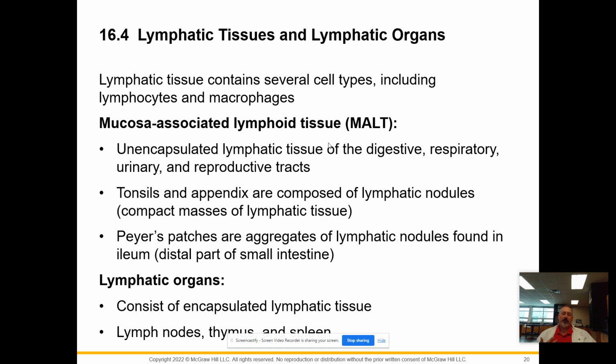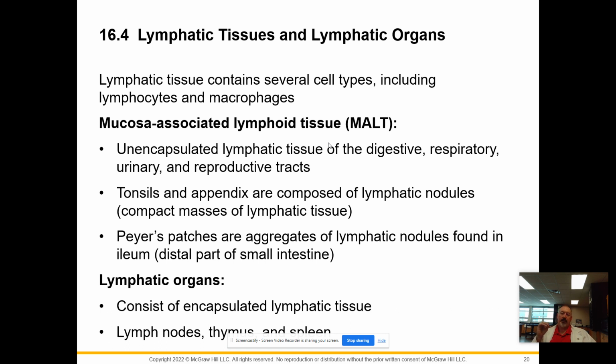And you can find this at the very end of the small intestine at an area called the ileum, which is going to be a bunch of these lymphatic nodules. Now, this is unencapsulated and it is abbreviated as MALT, the mucosa associated lymphatic tissue. It is definitely lymphatic tissue, and it's going to be in the mucosa of the body, kind of the fluids, the humors, if you will.